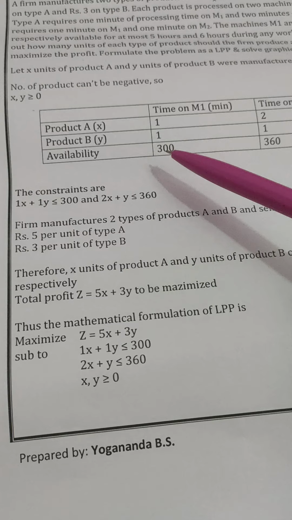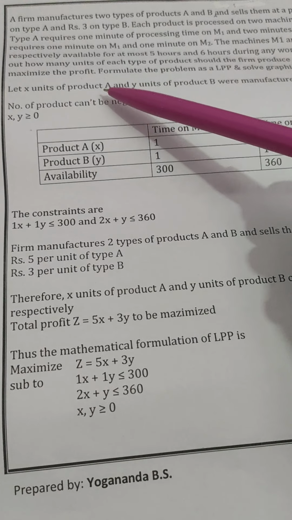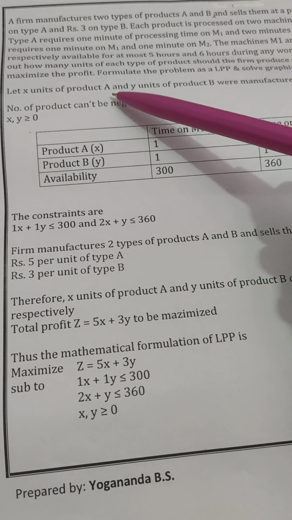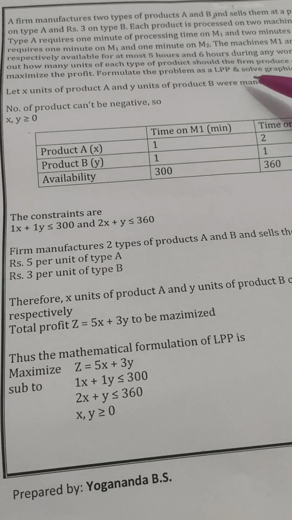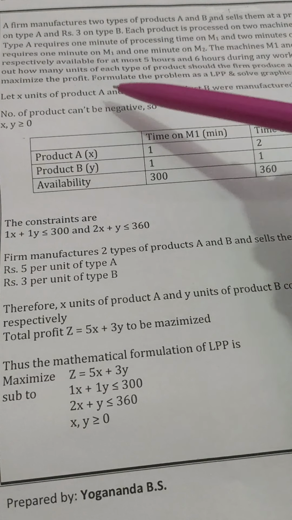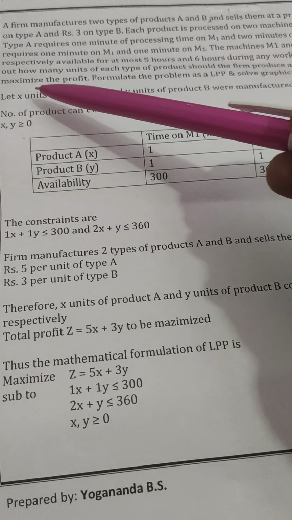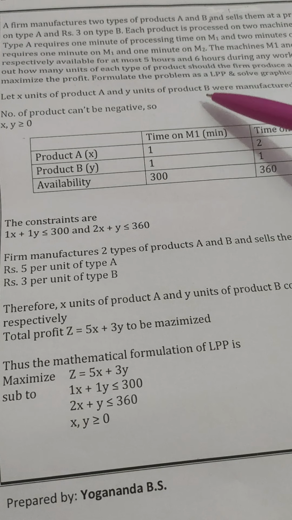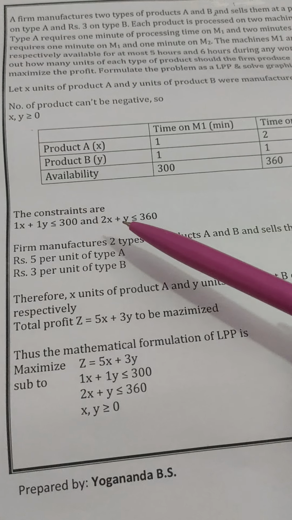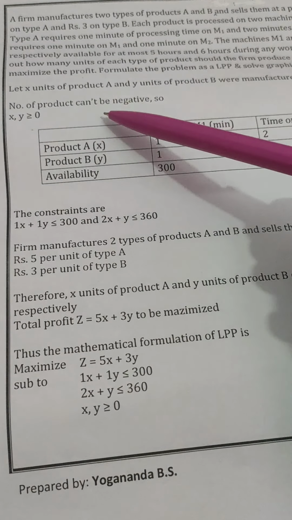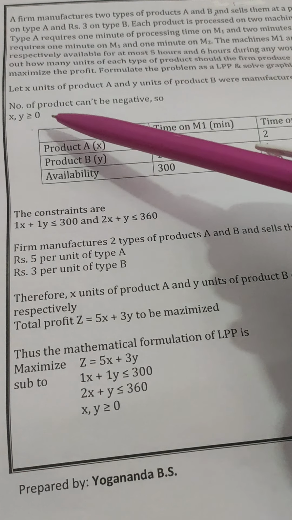Now we will start the solution like this. Let X be the units of product A produced and Y be the units of product B produced. That means the number of units of product A produced will be X and the number of units of product B produced will be Y. Number of products cannot be negative, so X, Y greater than or equal to 0.